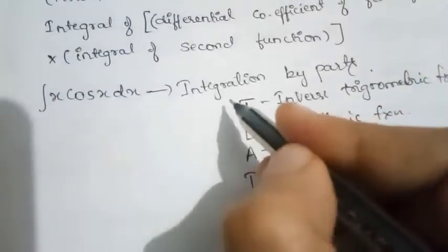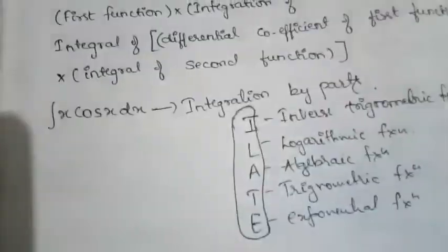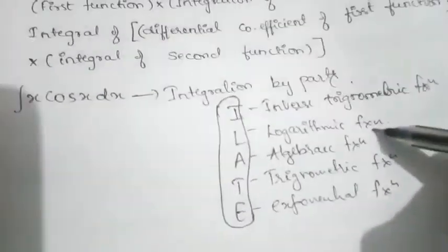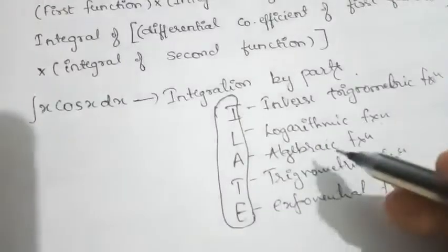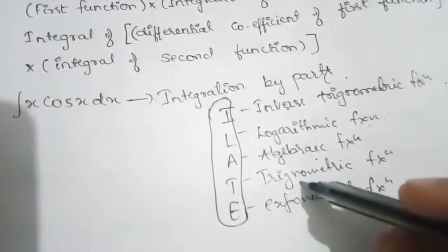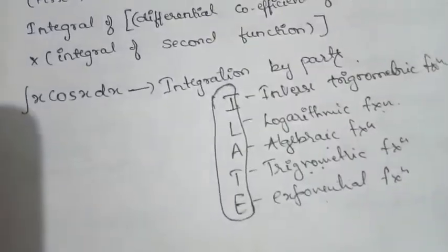This ILATE is mentioned based on priority. The first priority is given to inverse trigonometric function, the second to logarithmic function, the third to algebraic function, the fourth to trigonometric, and the last is exponential function.